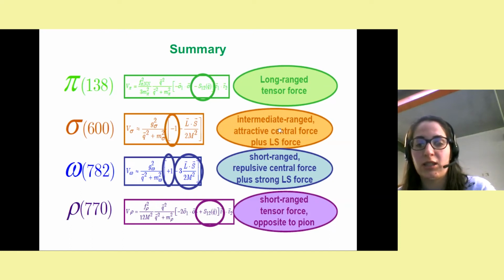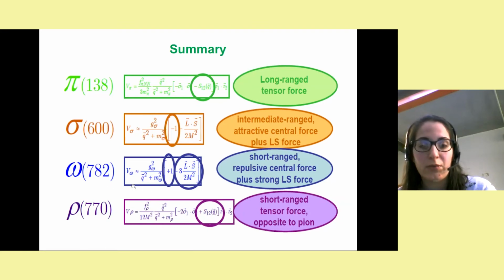So it acts at intermediate ranges, and it has an attractive central force, this -1 that we obtained here, and this spin orbit force that we also obtain in this term here. And then if you work out these ones here, you can see also that because they are even more massive, the range is shorter.